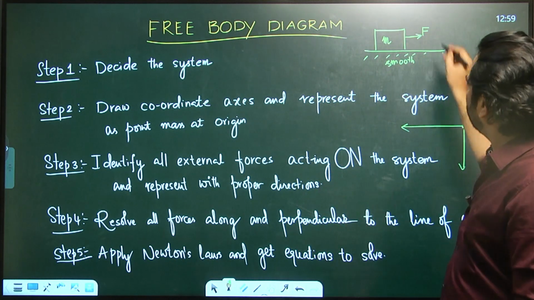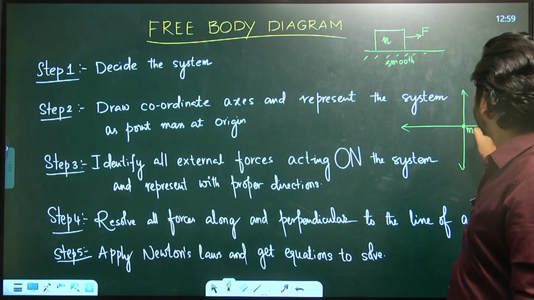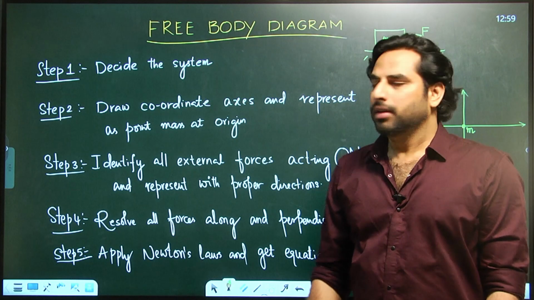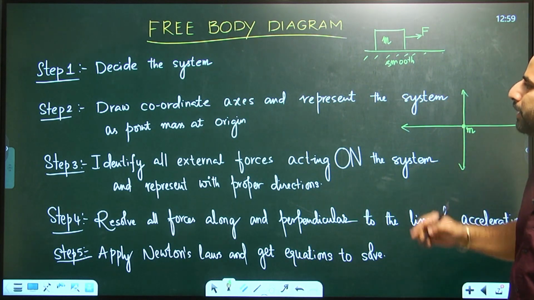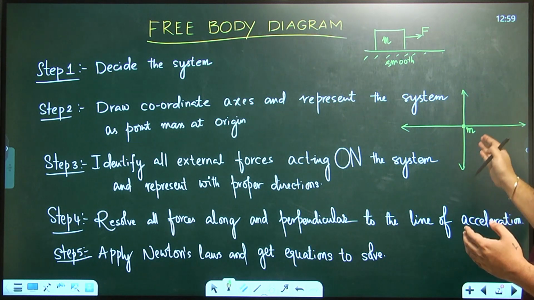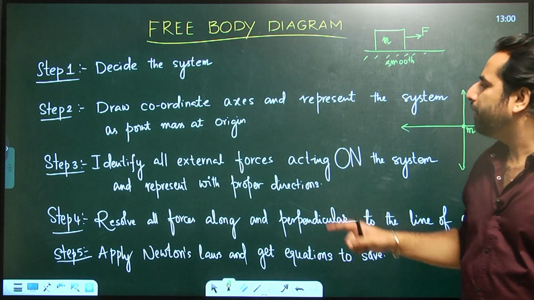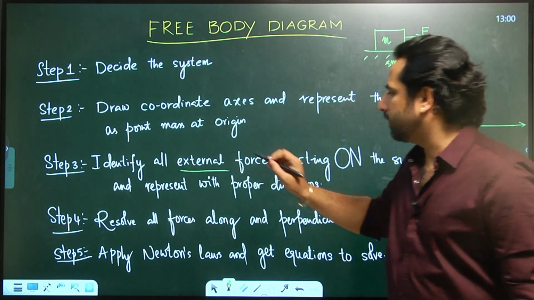So we represent the entire mass of the system that we have chosen as a point mass at origin. This step will help us to easily look at the free body diagram and understand the different forces acting on the system. And step 3, identify all external forces.